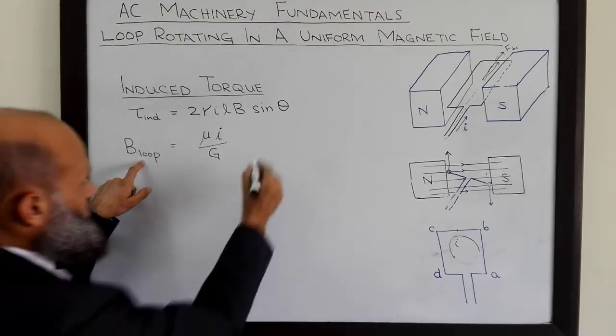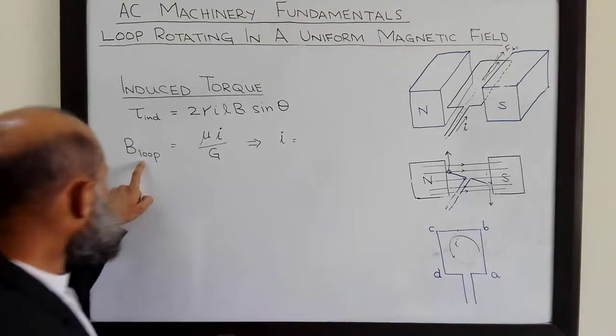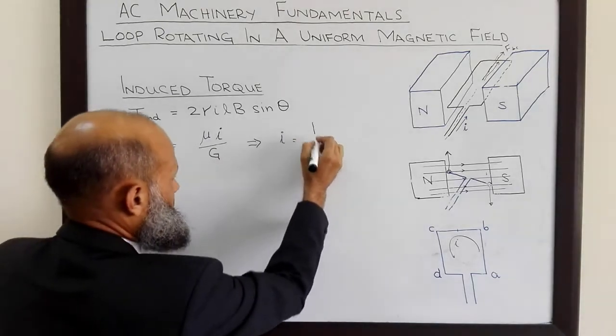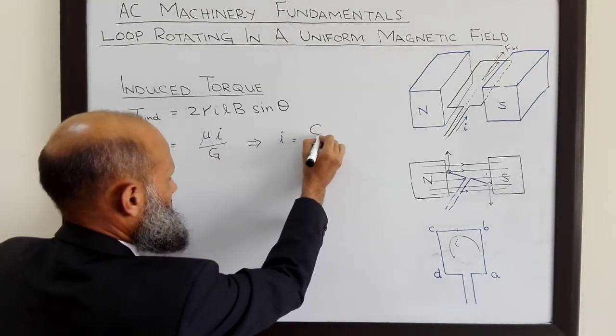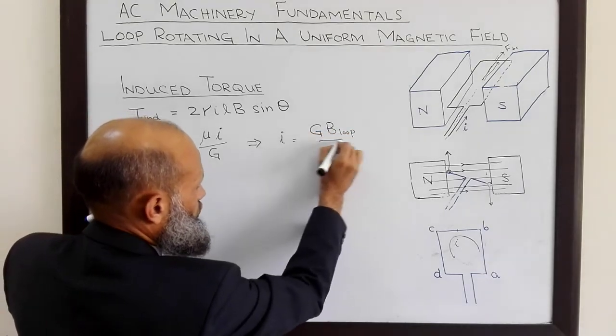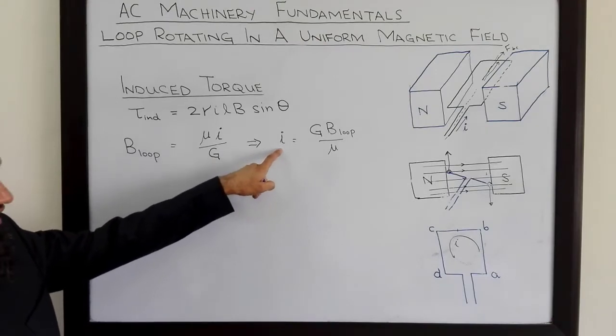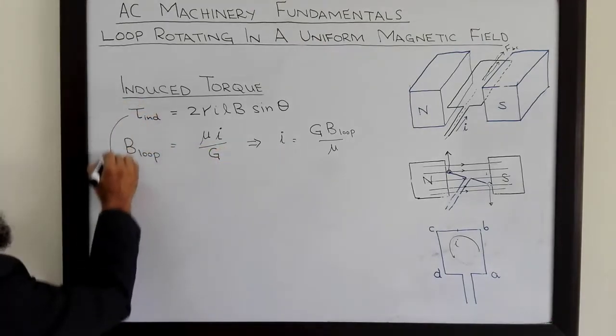And from this expression we can see that I is equal to G multiplied by B loop over mu. We substitute this expression for current into this expression.